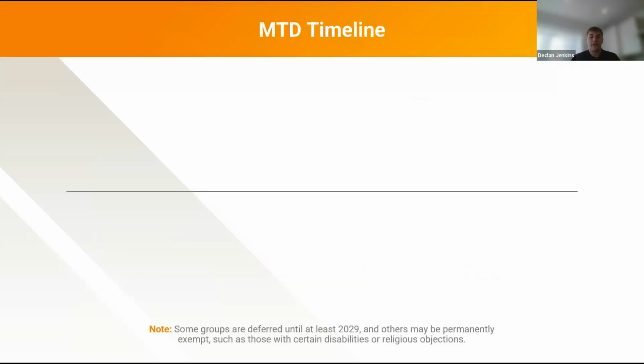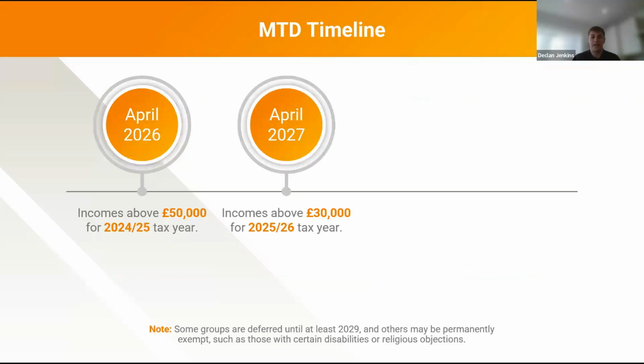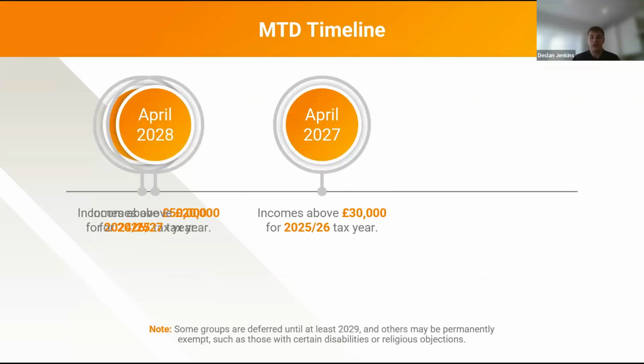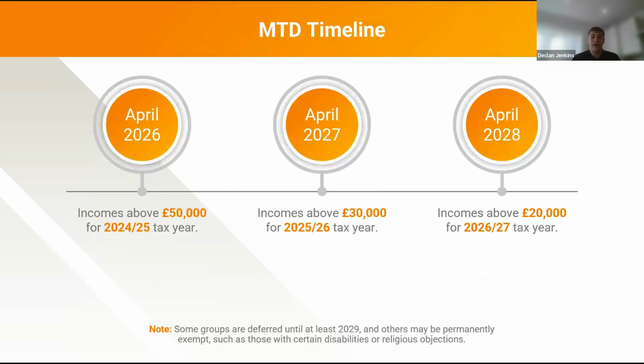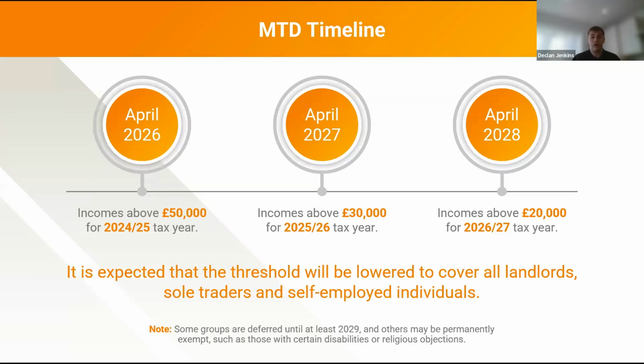So, a bit of a timeline. Obviously, April 2026 is now here. So on your 24-25 tax return, if you had income of above 50,000, you are mandated from this year. By income, that does not mean gross profit or profits that you've paid tax on. This is looking at strictly turnover.